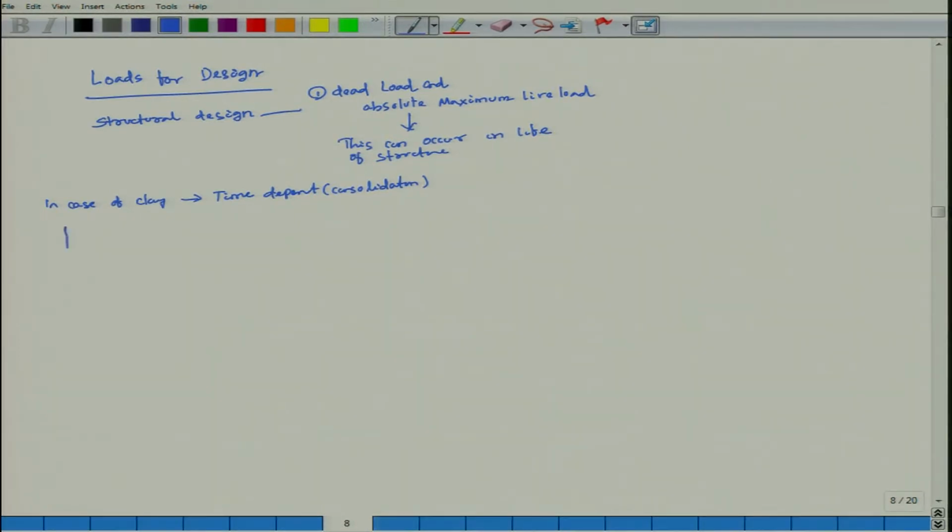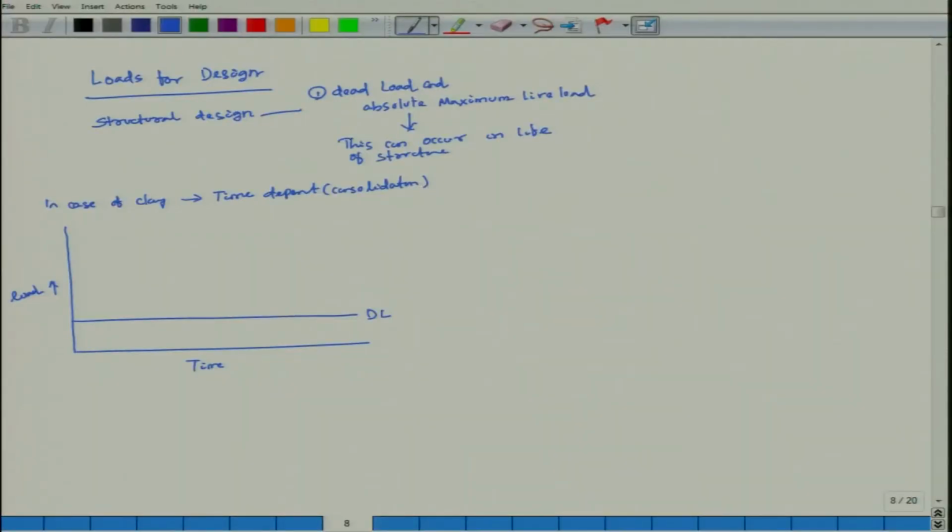If I draw it in a simple way, this is the load and there is time. This is my dead load. Dead load means the construction's self weight. Even if it is a residential building, whatever the dead load is, the permanent dead load has to be there.